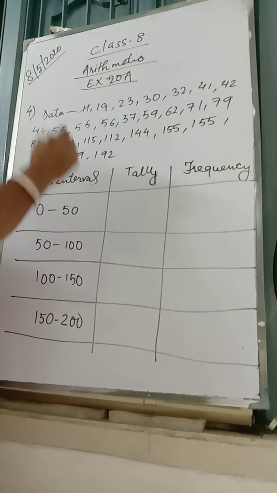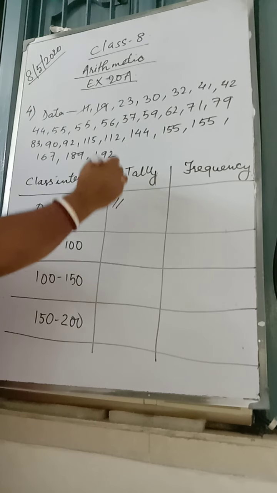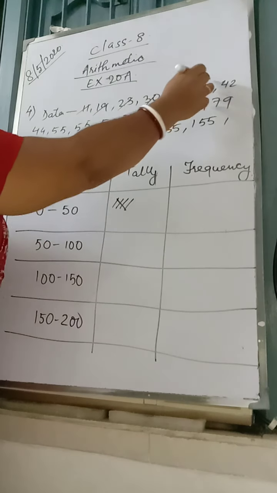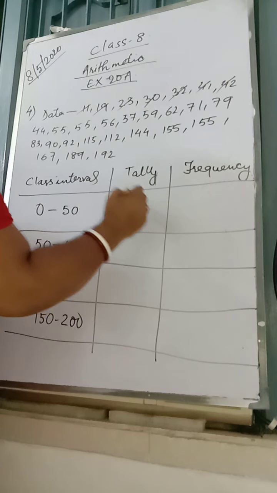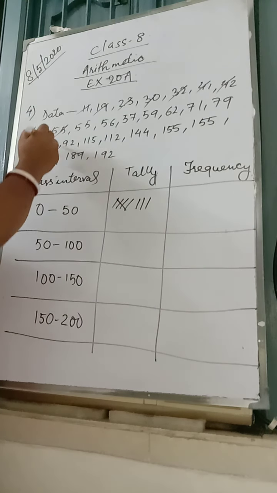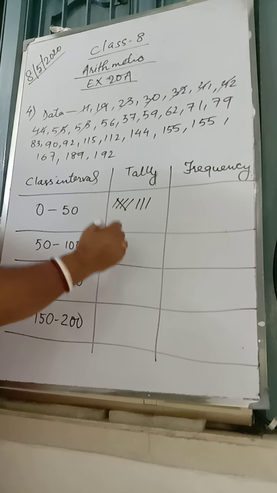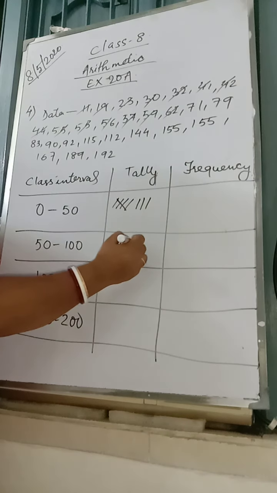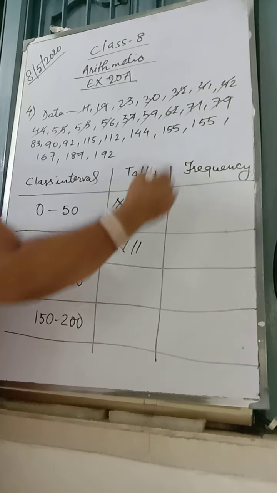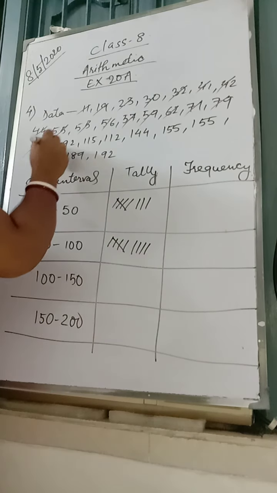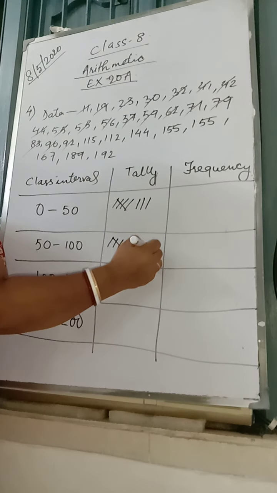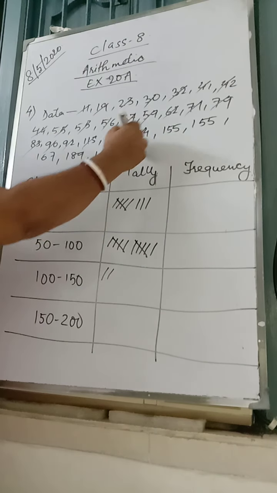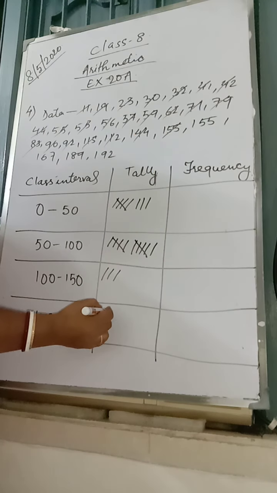Clear? First we have 11, that comes in 0 to 50, 19 again 0 to 50, 23 0 to 50, 30 0 to 50, 35 0 to 50, 41 0 to 50, 42 0 to 50, 44 0 to 50, 55 50 to 100, again 55 50 to 100, 56 this column, 57 again this column, 59 this column, 62, 71, 79 here only, 83 here only, 90 here only, 92 here, 115 that comes in this column, 112 in this column only, 144 in this column, 155 that comes in the next column.